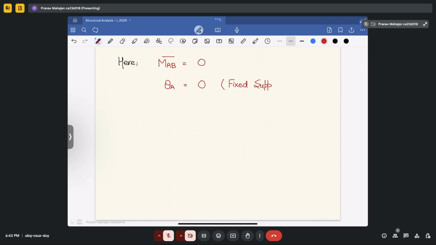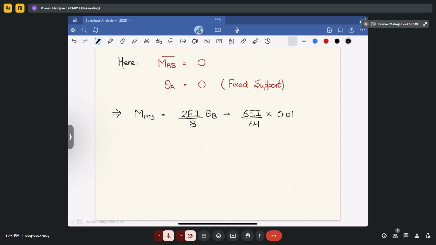Okay, so then how your final equation will look like? So substitute in the value of MAB bar and theta A. Your MAB will be equal to 2EI upon L. So L in this case is given as 8 meter, into theta B plus 6EI upon L square, that is 64, into delta, that is 0.01. Fine.